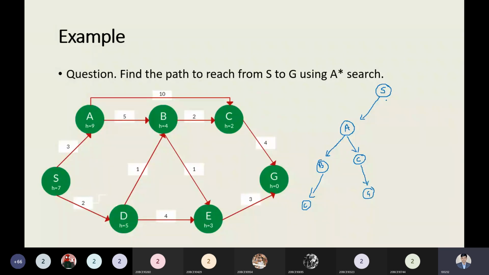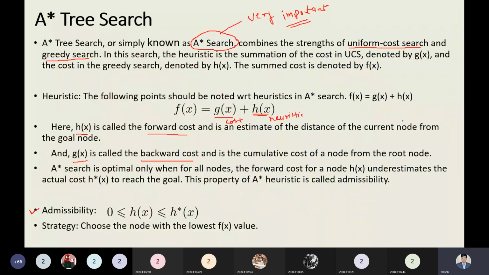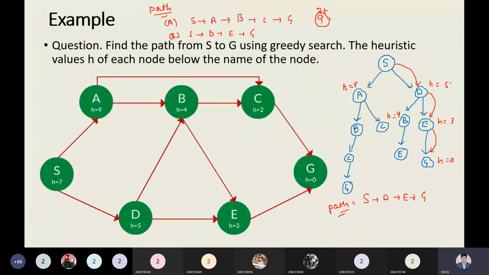I think in the previous one we forgot to add this one, C to G, but no issue. Let me add it over here, for your notes.